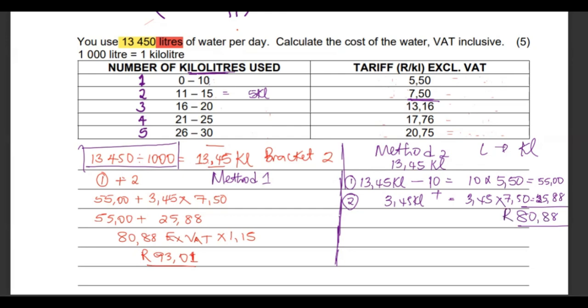But this money doesn't have VAT. The question wants us to have VAT inclusive. So we need to include VAT. So we shall take 80,88 multiplied by 1,15. Yeah, that's method number 2. And you end up also having the same answer as we had in the first scenario, which is 93 rands 1 cent. So you pick any method that you would like to use.